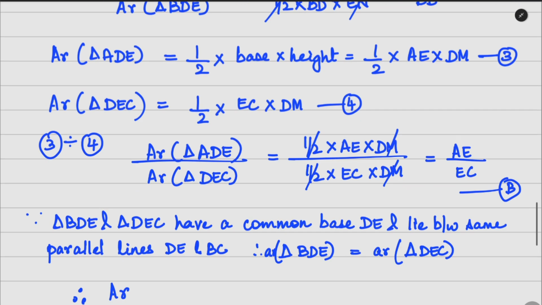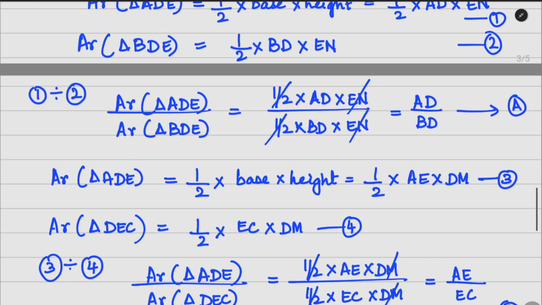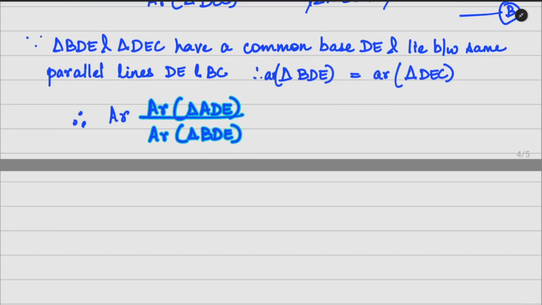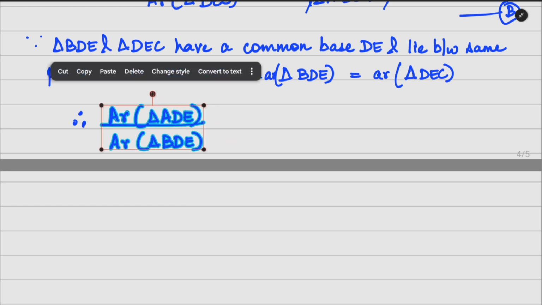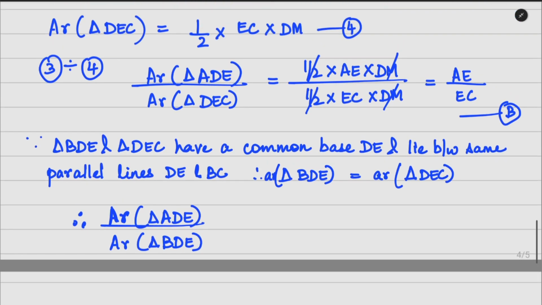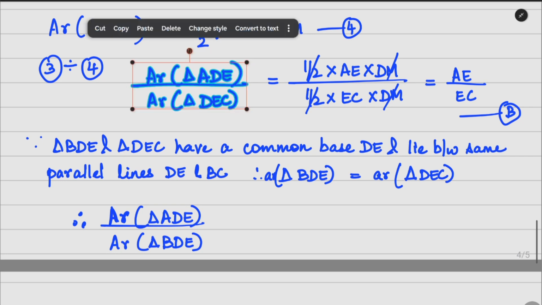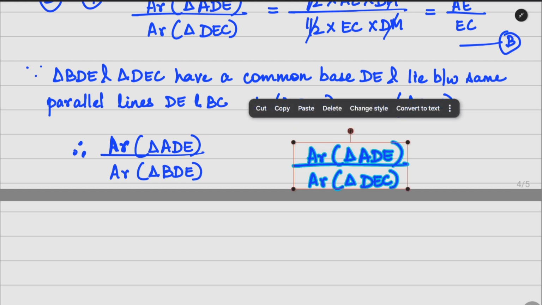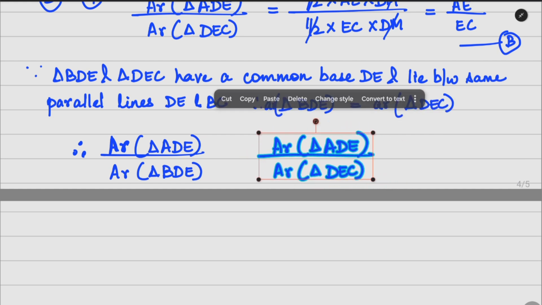Therefore the area of triangle ADE divided by BDE is equal to ADE by DEC, these two triangles being equal.